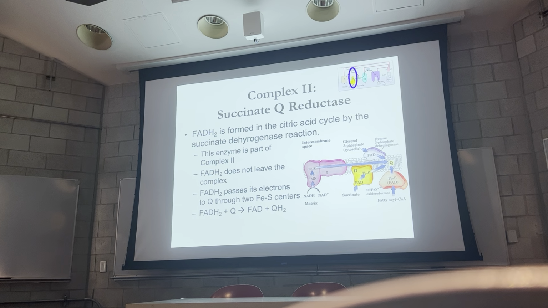Remember, there's this thing called the Q pool, which is a mixture of oxidized Q and reduced QH2 that simultaneously exist solubilized in the hydrophobic mitochondrial membrane. And so when QH2 is present, it will then bind to complex 3. Complex 3 will also bind to oxidized cytochrome C.